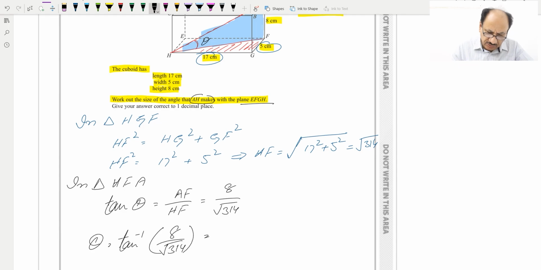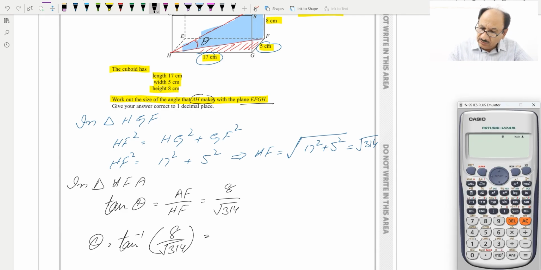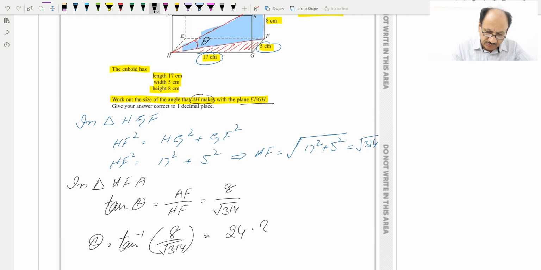We can take shift tan of 8 over square root of 314, close the bracket, and this is equal to 24.3.